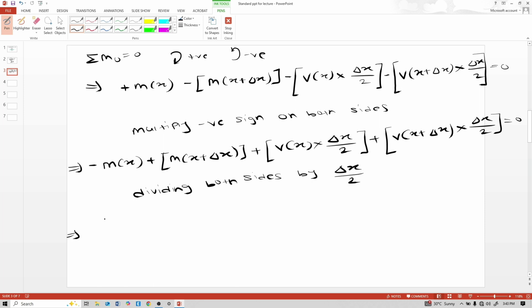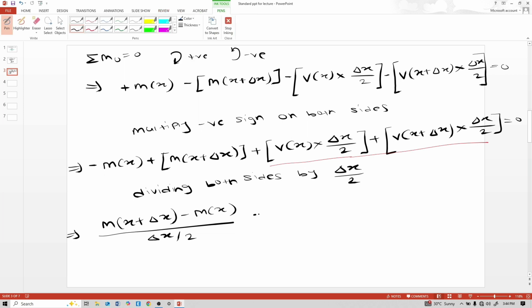That means rearrange this as M of x plus delta x minus M of x divided by delta x by 2, and this term take to the right hand side, and this delta x by 2 gets cancelled.